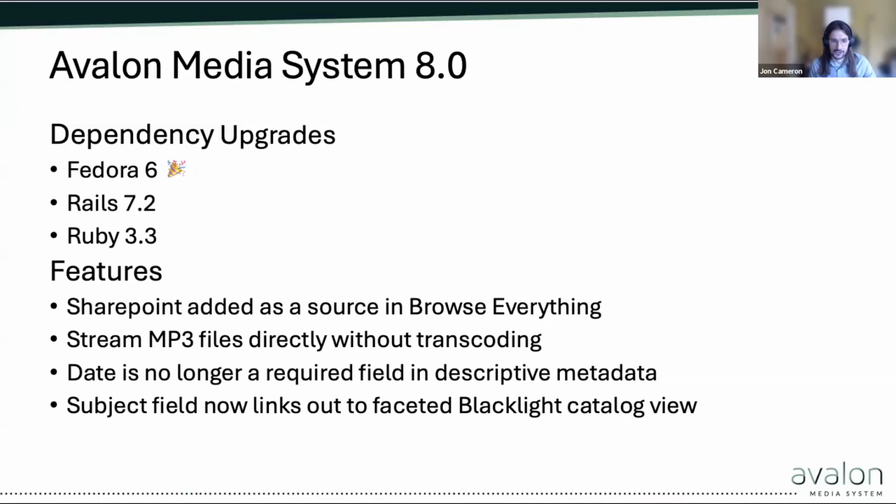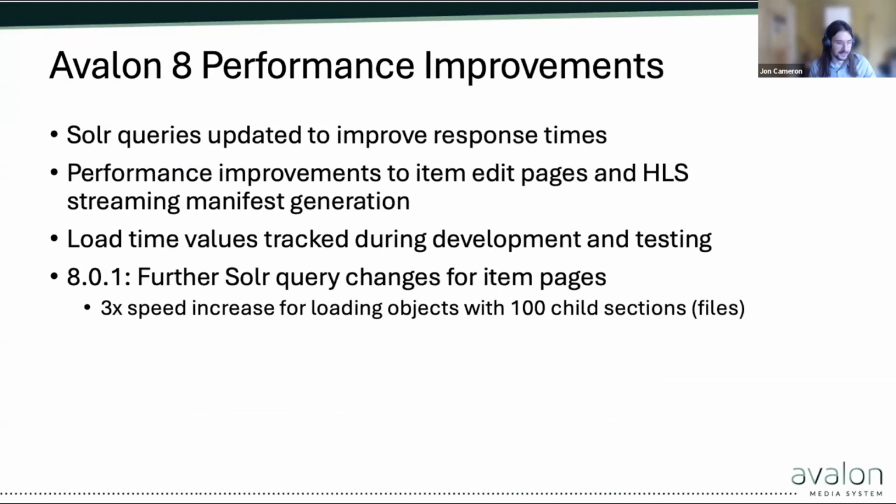And then there were different things about descriptive metadata and links within the application. We've been doing a lot of updates to navigation to make it easier for people to use, and to make it easy for people to search as well, so updating our index and improving performance across the application.